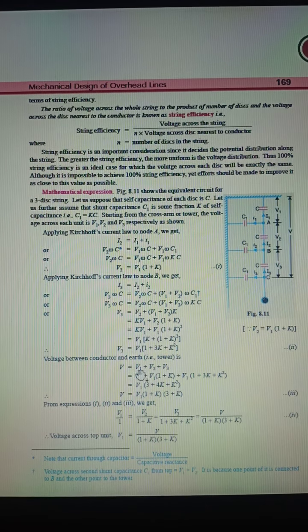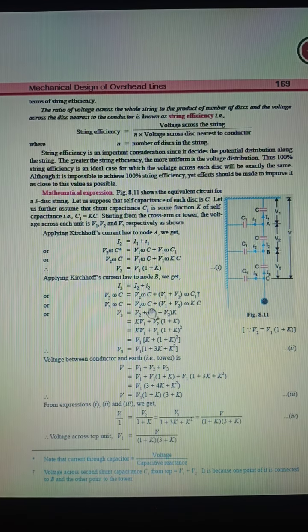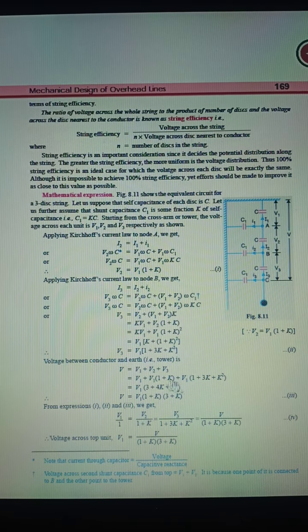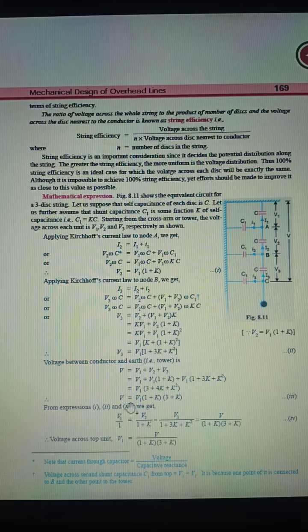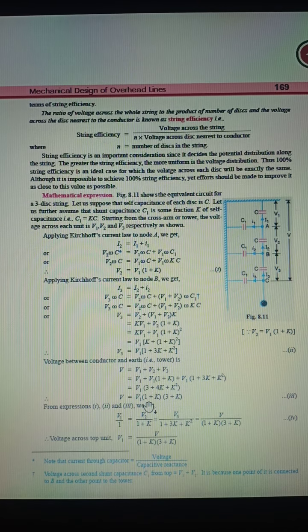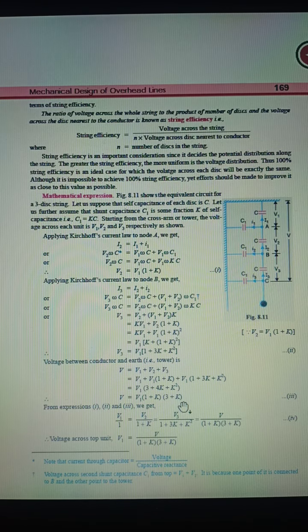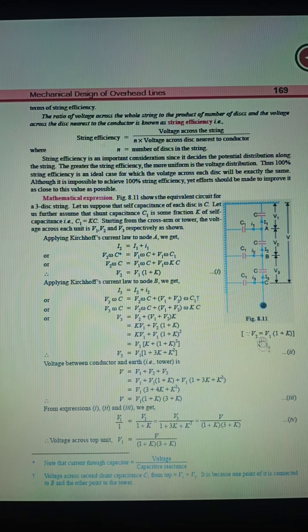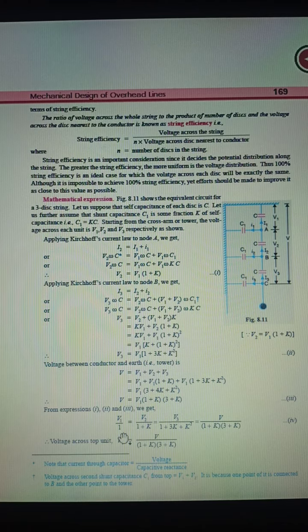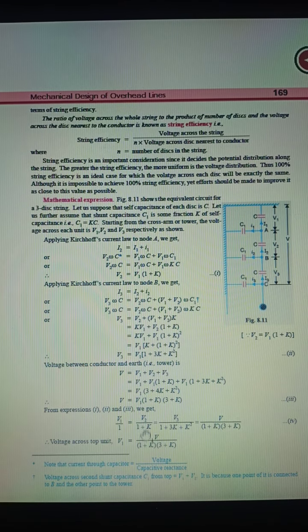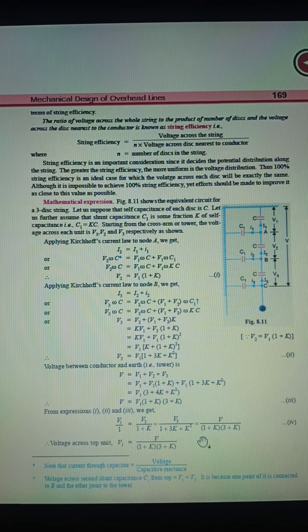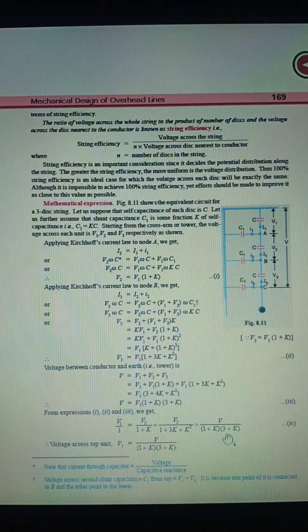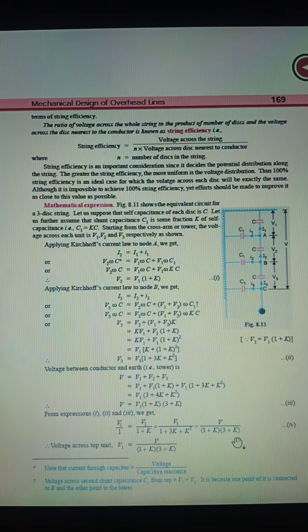The final voltage V equals V1 plus V2 plus V3. Putting these values in the equation, V equals V1 into (1 plus K) into (3 plus K). From expressions 1, 2 and 3, we get V1 by V1 equals V2 by (1 plus K) equals V3 by (1 plus 3K plus K square) equals V by (1 plus K)(3 plus K).